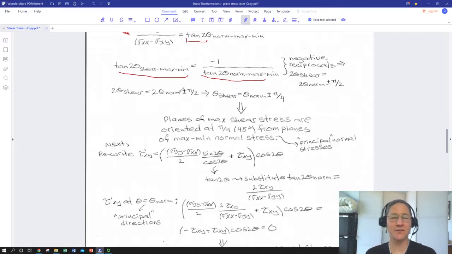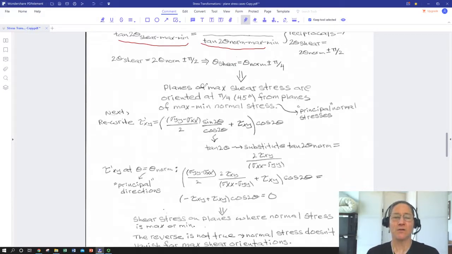And so divide through by 2, so we can say whatever angle at which shear is maximized is equal to the angle at which we have a maximum or minimum normal stress plus or minus 45 degrees. So the plane of max shear is oriented at 45 degrees from the planes of maximum or minimum normal stress.